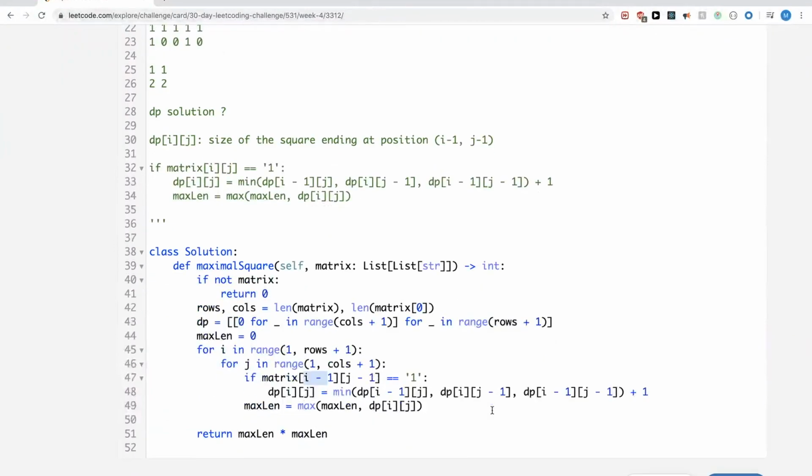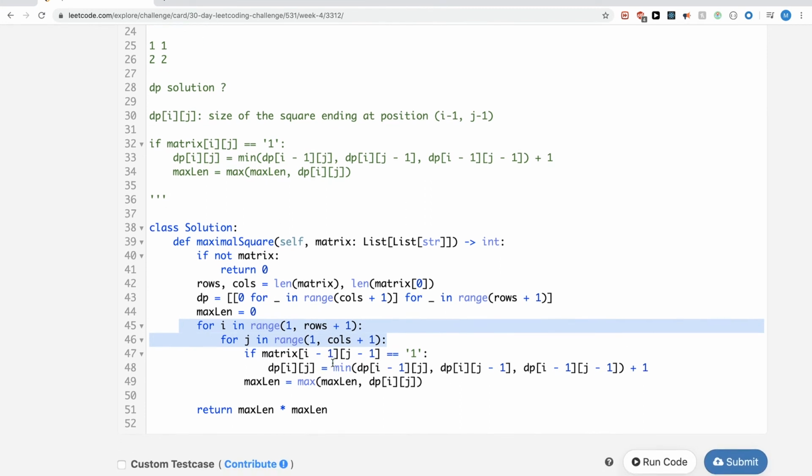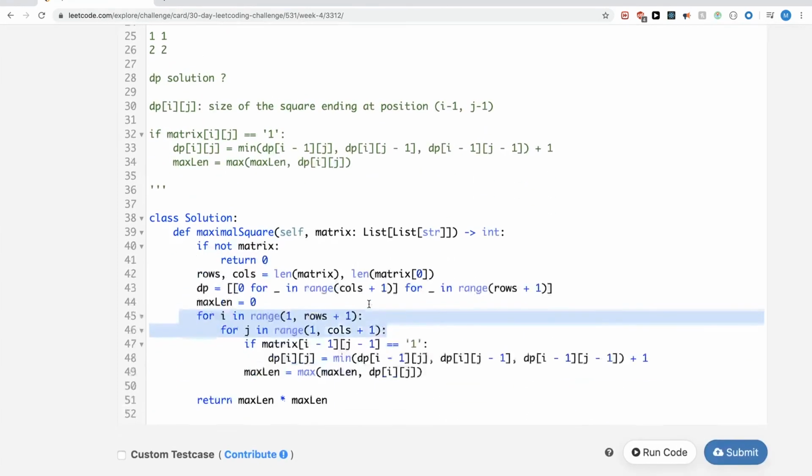Okay, so that works too, and it simplifies it a bit. For both, the time complexity is just O of n times m, where n is the number of rows and m is the number of columns. So it should be pretty fast, right? It's O of n squared if the sizes were the same. Yeah, I think this is it for this problem.